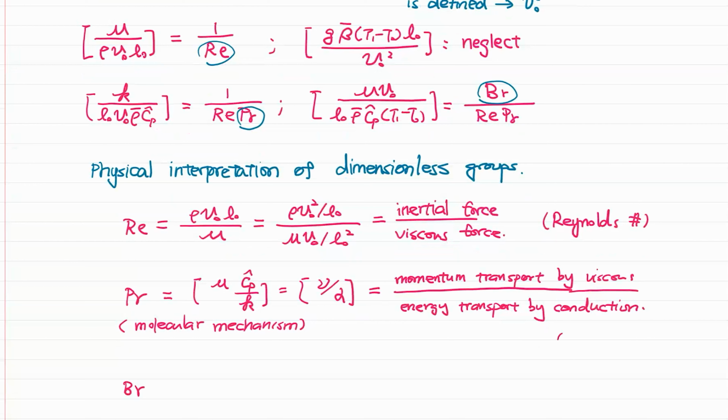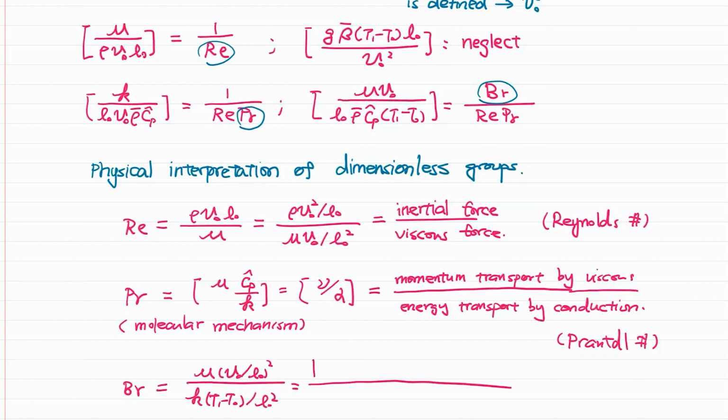Finally, the Brinkman number equals mu v naught over L naught squared, over k times (T1 minus T naught) over L naught squared. And it's also a measure of what?